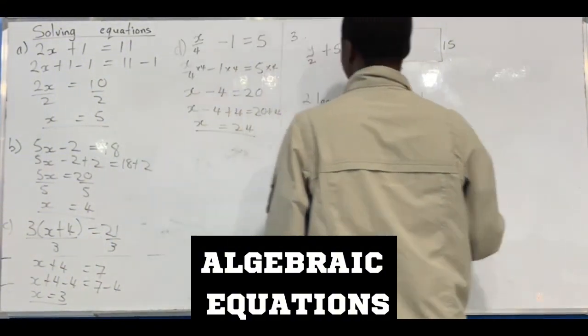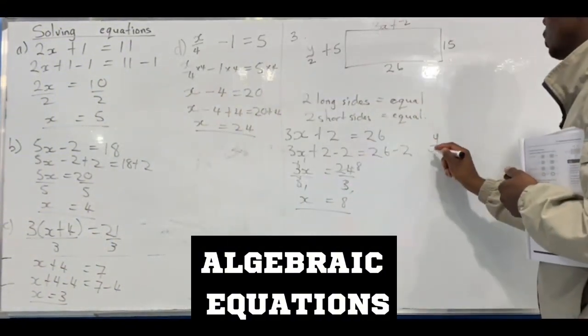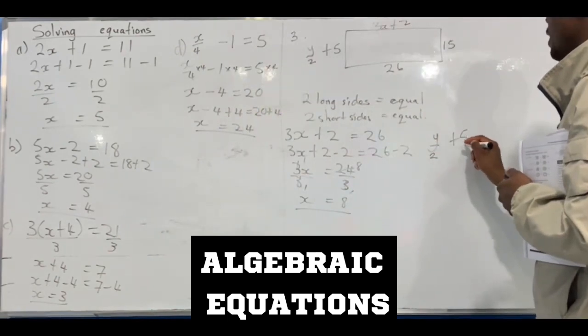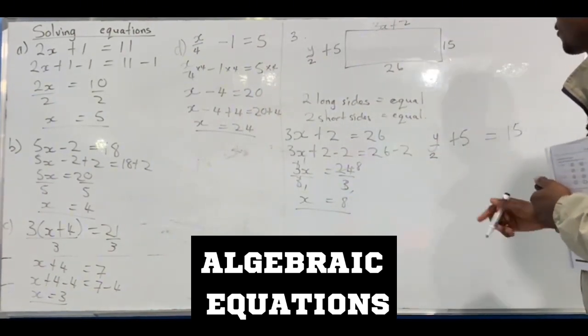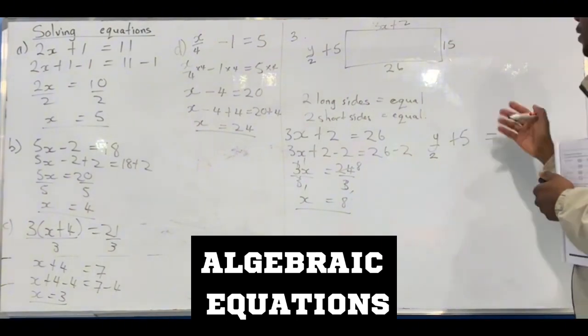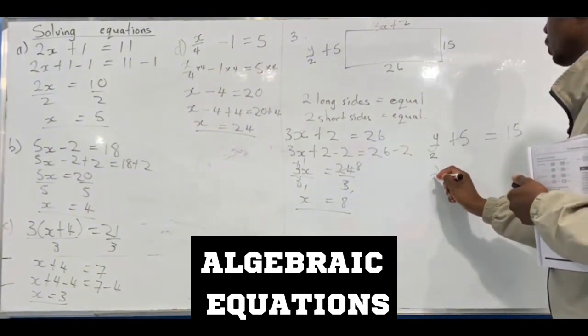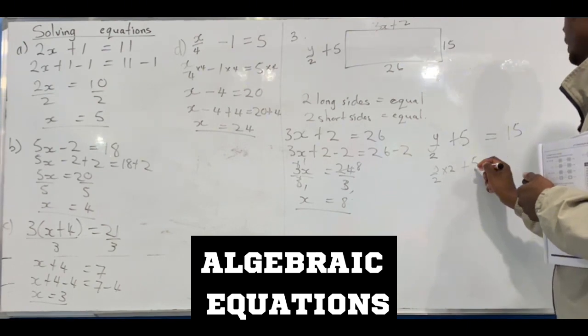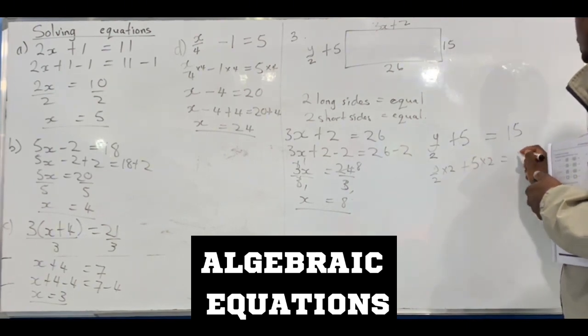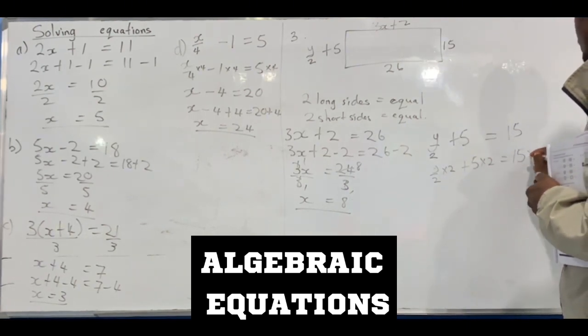Alright, then to solve for y, we're going to say y over 2 plus 5 is equal to 15. Okay, so we're just going to multiply everything by 2. y over 2 times 2 plus 5 times 2 equals 15 times 2.